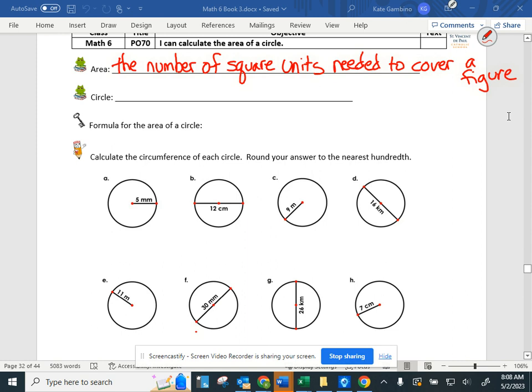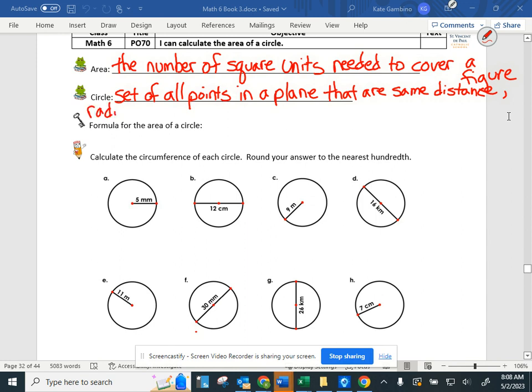So remember that our circle is the set of all points in a plane that are the same distance, which we call the radius, from the center.